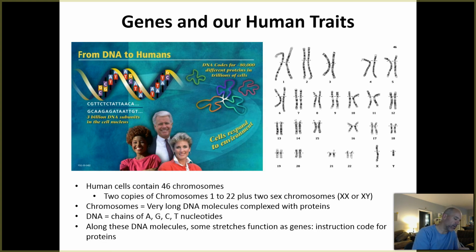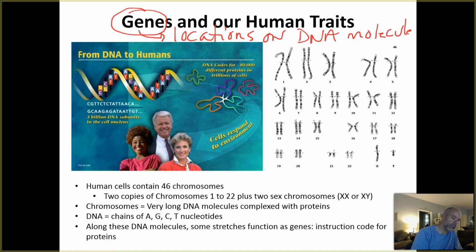Genes are, as we talked a little bit about in Unit 1, actually locations on DNA molecules. All DNA molecules are two strands of A's and G's and C's and T's, and they're bonded together, and then they're twisted so that they have what we call a double helix shape.